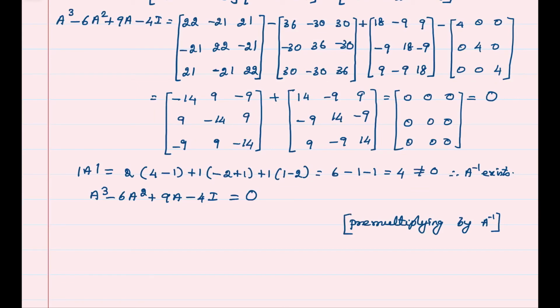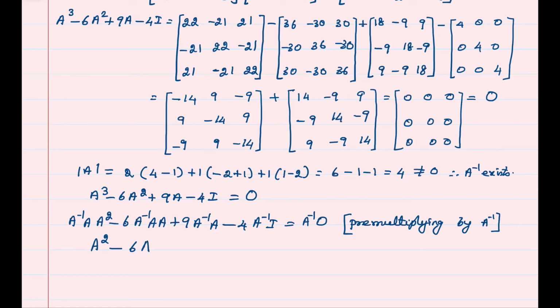Or we can do post multiplication also. A inverse A square minus 6 A inverse AA plus 9 A inverse A minus 4 A inverse I is equal to A inverse into 0 matrix. A inverse into A is I into A square is A square, minus 6 times A inverse into A is I into A is A, plus 9I minus 4A inverse is a 0 matrix.